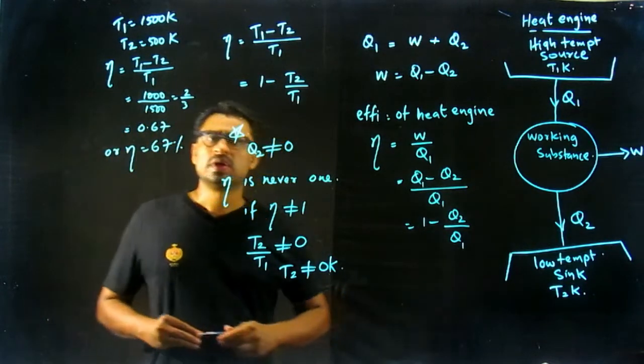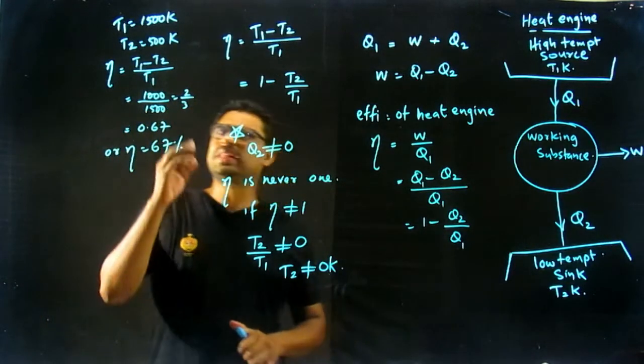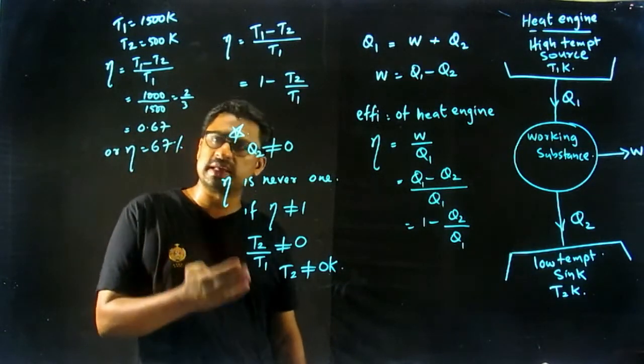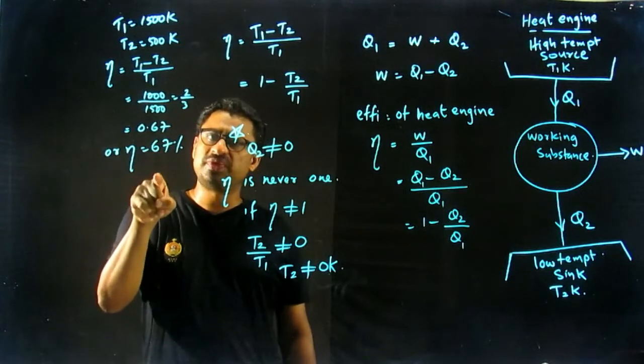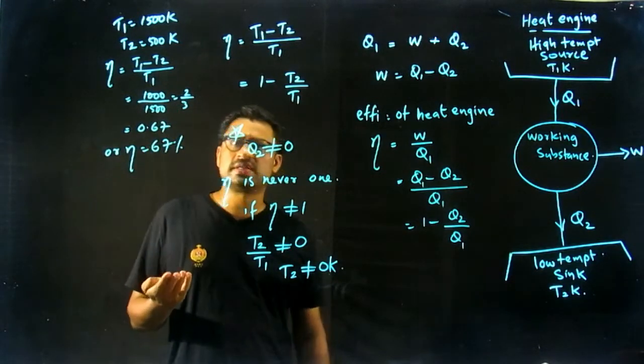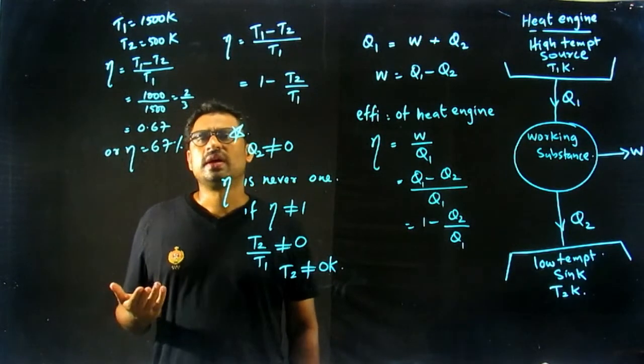Isn't it? So with a temperature of 1500 Kelvin at the source and 500 Kelvin at the sink, this is the maximum efficiency that we can expect.